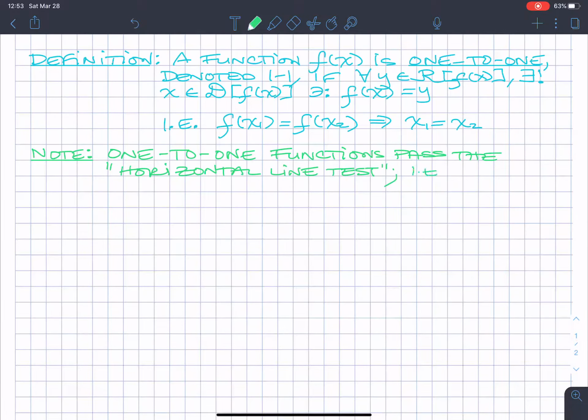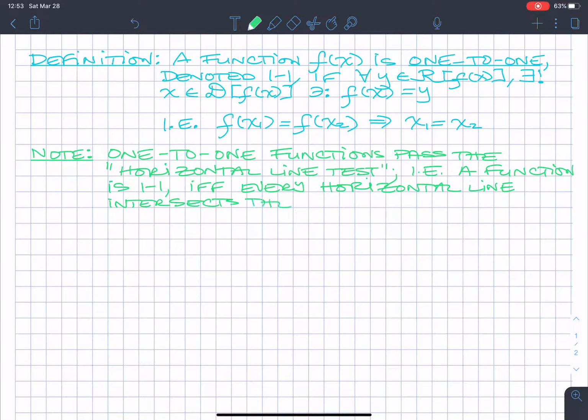That is, a function is 1 to 1 if and only if every horizontal line intersects the graph in at most 1 point.